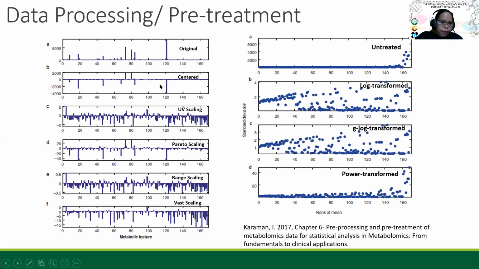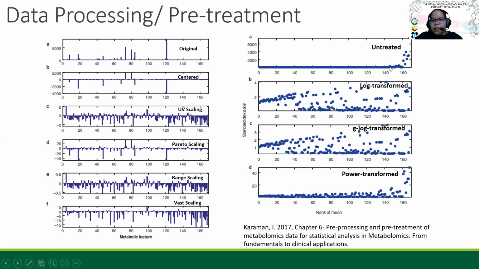So here, this just shows you the effects of centering as well as your unit variance scaling, Pareto scaling, range scaling, vast scaling, as well as the effects of your transformations.